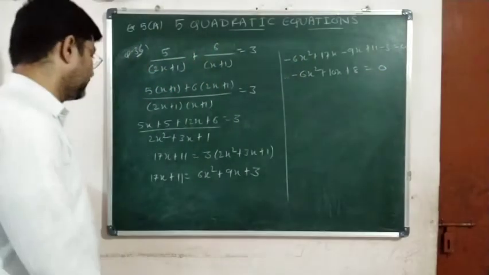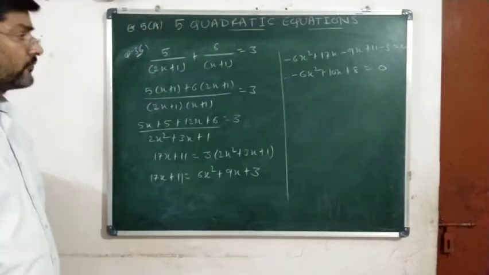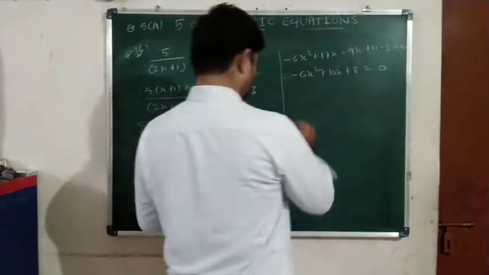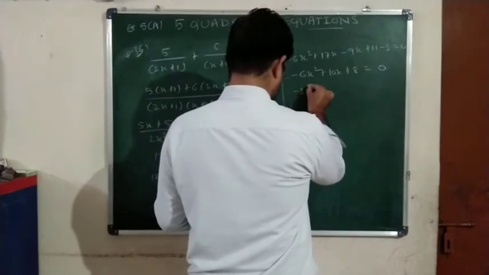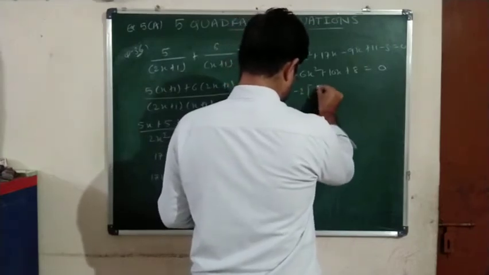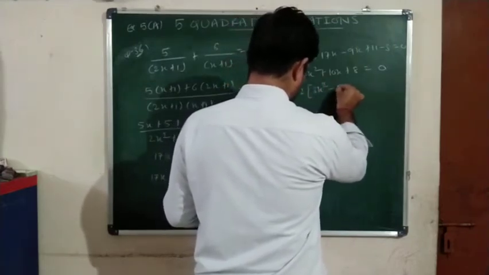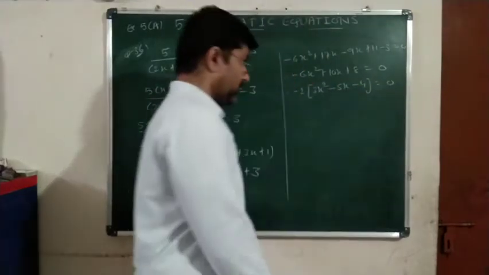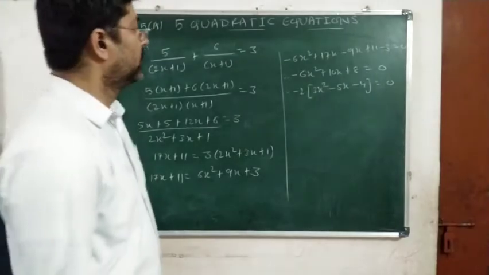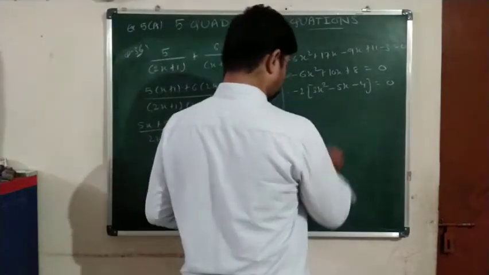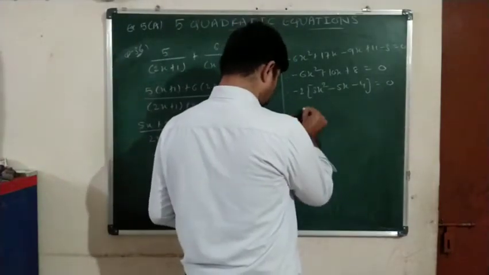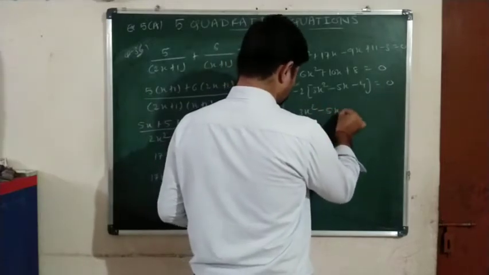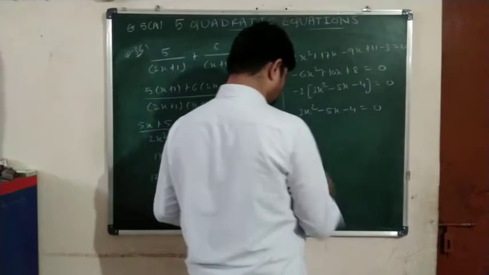Okay, now you can further take minus 2 common, yes or no? So if you take minus 2 common, we are left with 3x square minus 5x minus 4 is equal to 0. Clear? So now you can write the equation as 3x square minus 5x minus 4.